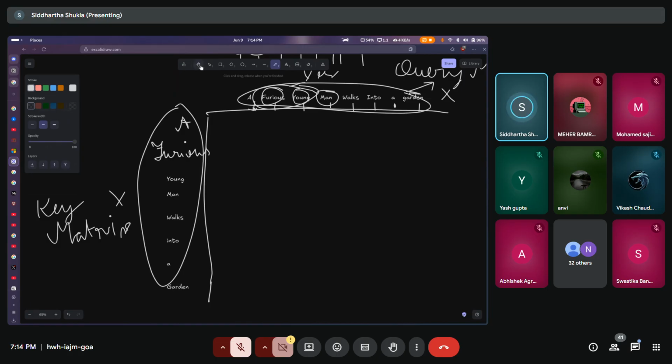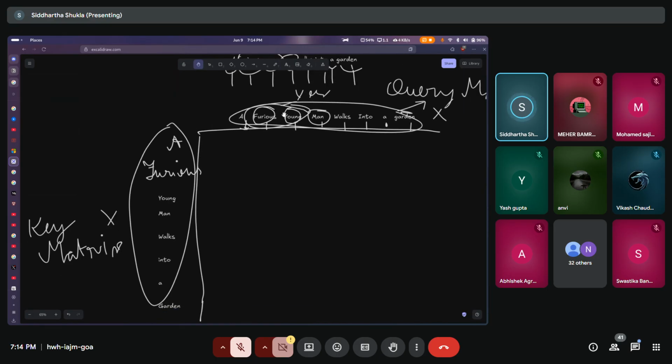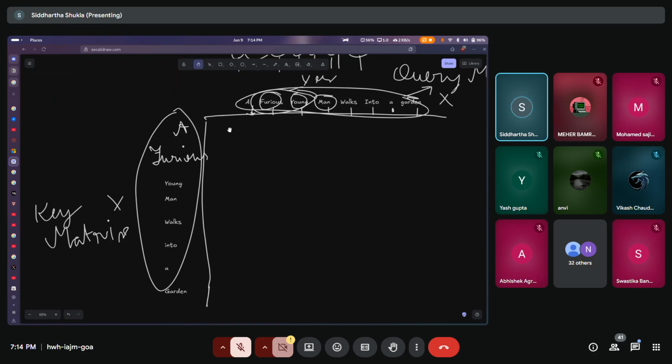The response is not going to come in the query matrix. Actually, "spurious" and "young" are going to respond yes not in the query matrix part, but in the key matrix. In the key matrix, spurious and young are going to respond yes.